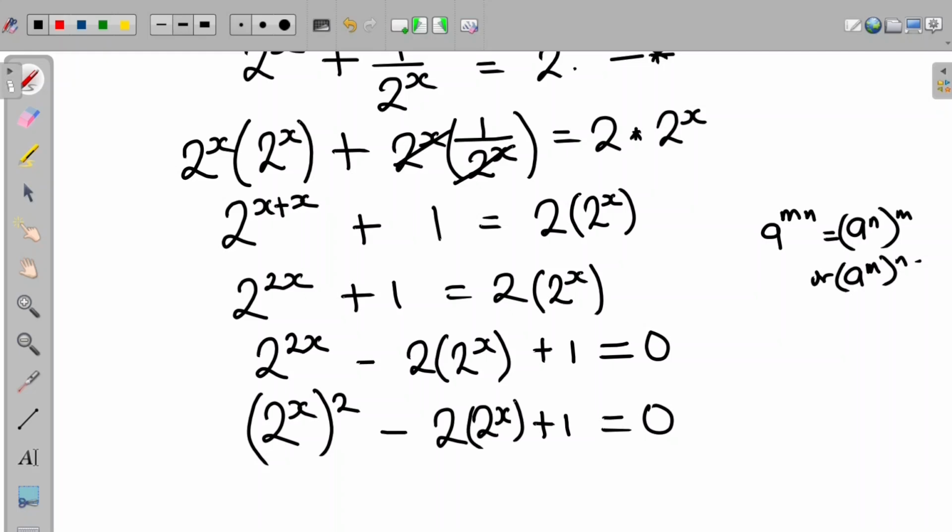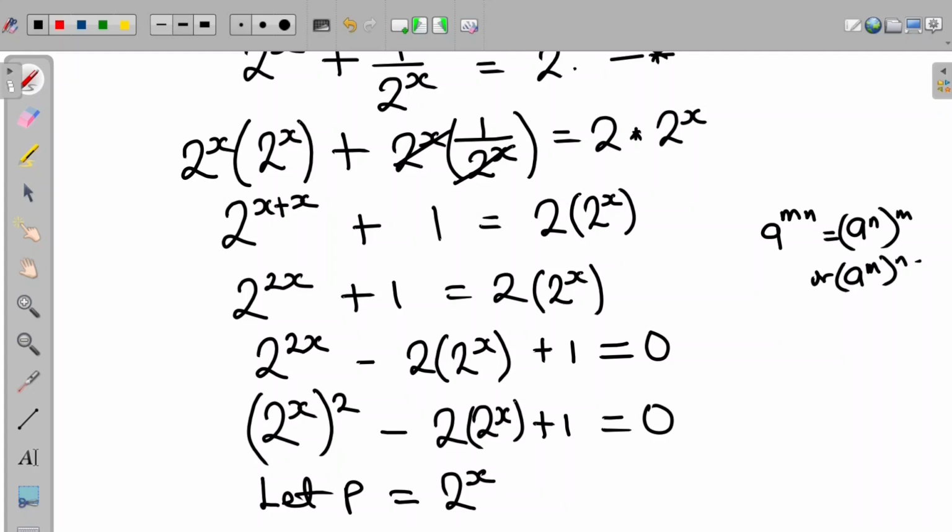Now at this point, we have an equation that the highest power is 2. Now we can make some substitution. So we can say that let p be equal to 2 to the power of x.